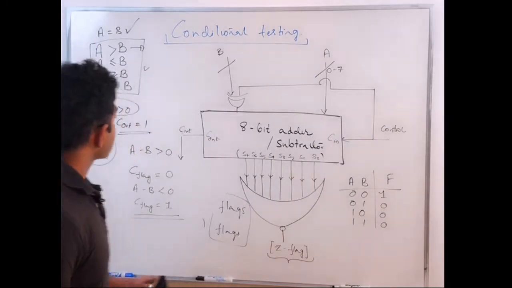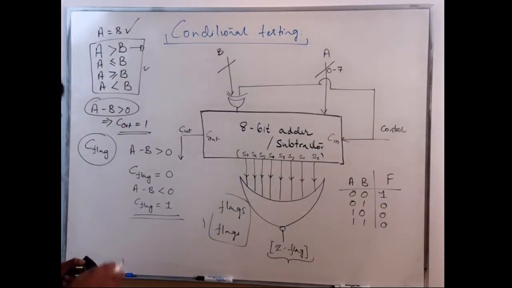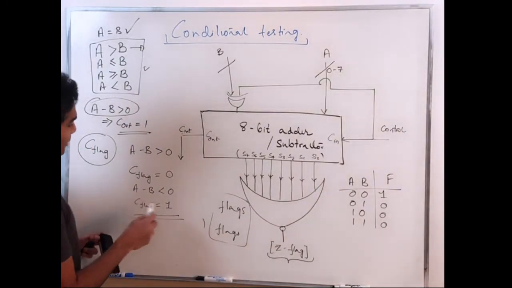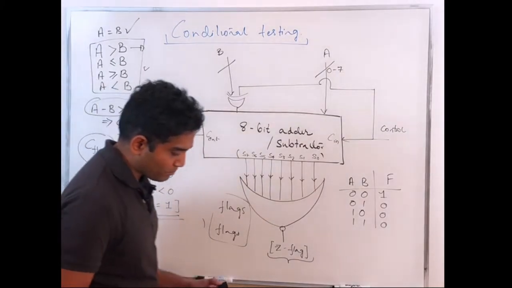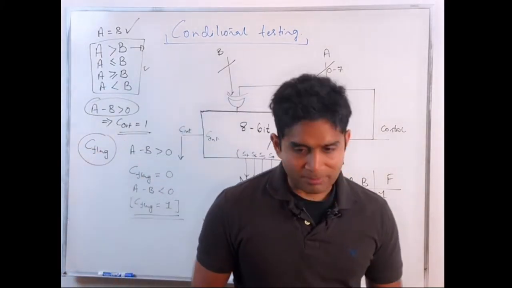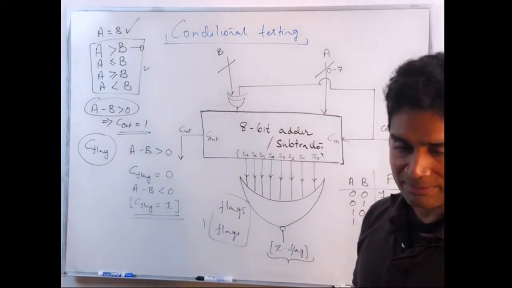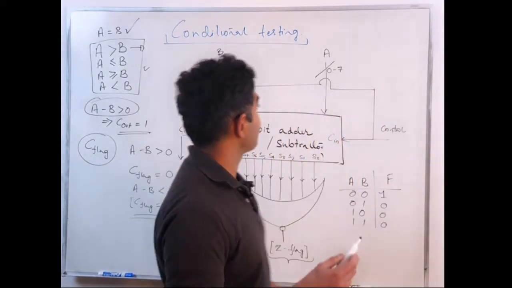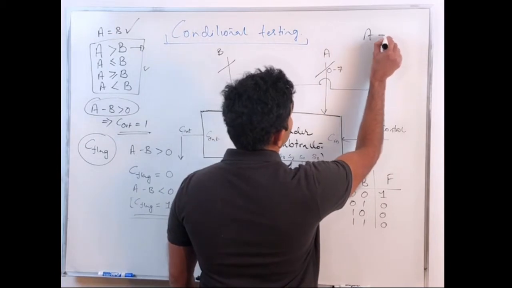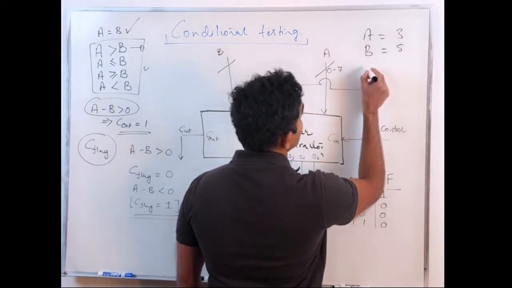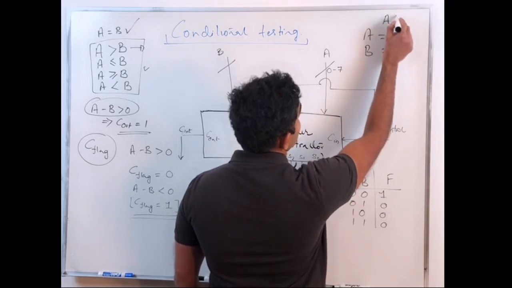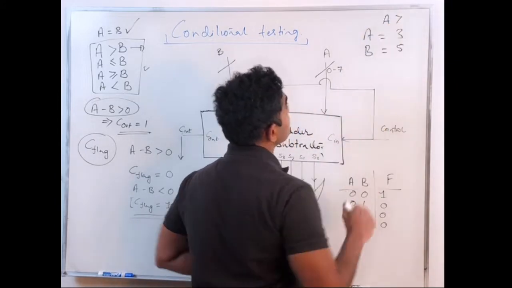Now, how do I get this? Why am I doing this? The reason is that when I'm doing the subtraction operation, I would like to consider my C flag as a borrow flag, an imaginary borrow flag. Just as an example, let's say my A is 3 and B is, let's say, 5. Of course, A is less than B here.